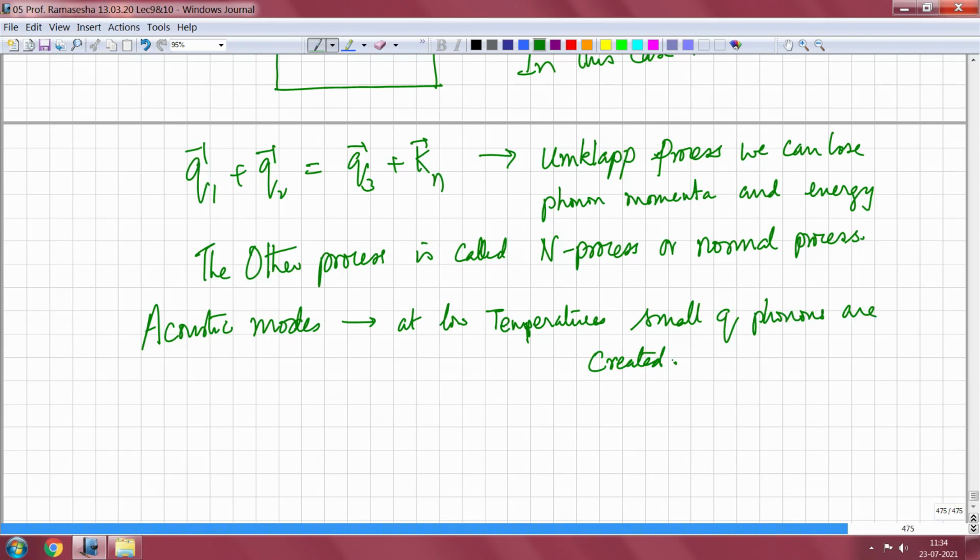Because the energy depends upon q, and at low temperatures higher energy states are not accessible, only the low energy phonons are created, and low energy acoustic phonons necessarily have a small q.